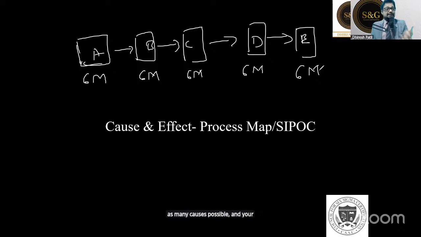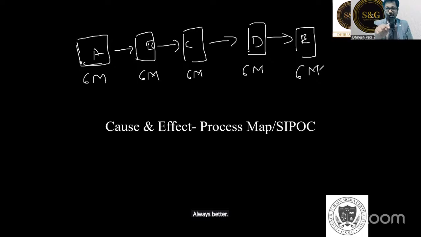Your role as a project leader is to push the team to the fullest, exhaust them, so that they drain out all the causes. If they give you 5 causes, push them hard and get a couple more, 7, 8, 10. More causes is always better.